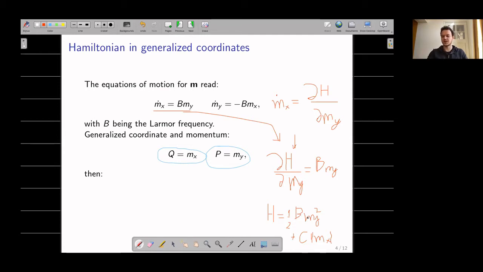So one can derive the Hamiltonian doing the same thing for the time derivative with respect to my. And as you can guess, you would obtain a quadratic Hamiltonian.